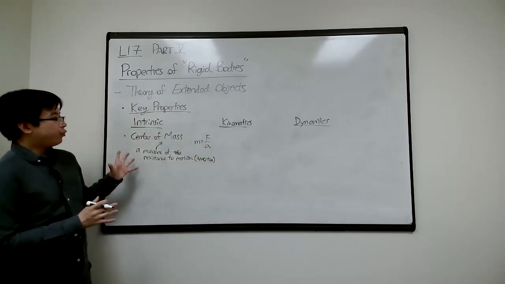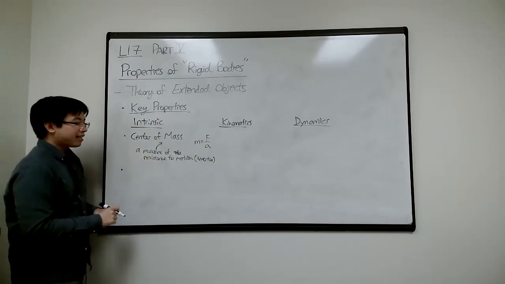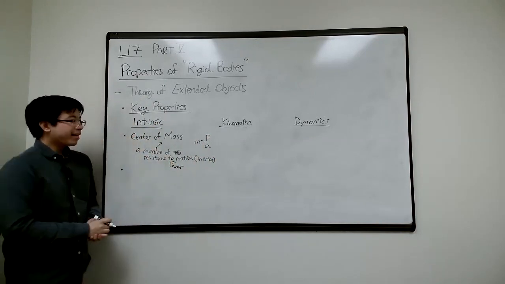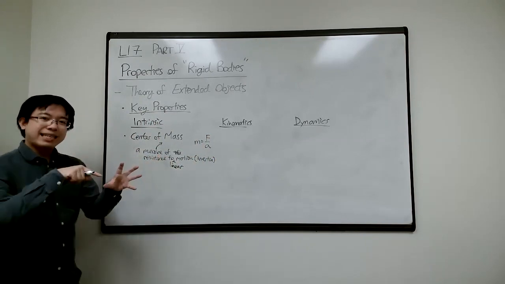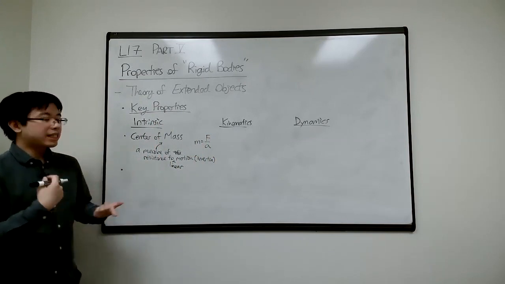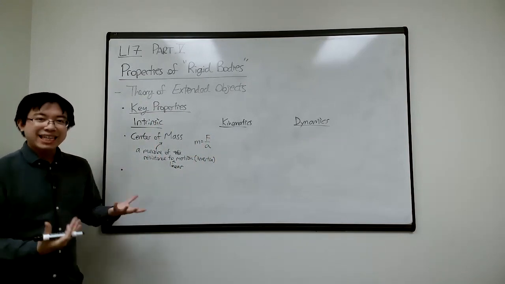Now, we realize that when it's extended, if you apply a force to the center of mass, it will create linear motion. Now, if you don't apply it to the center of mass and you apply it somewhere else, you will cause it to rotate. However, some things will rotate easier than others.